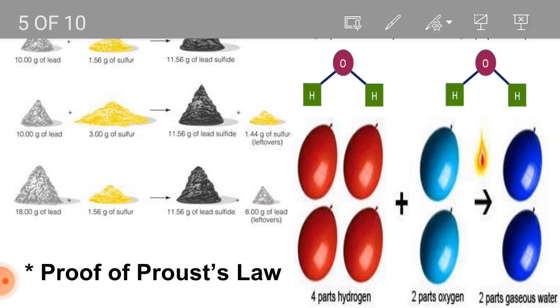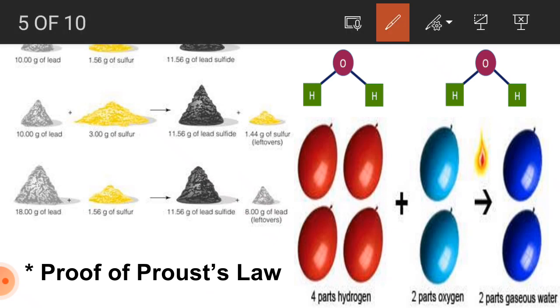A better example for this is, we take 100 grams of lead and 1.56 grams of sulfur. We will get 11.56 grams of lead sulfide only. If we increase the quantity of sulfur and mix them together, we will only get 11.56 grams of lead sulfide.